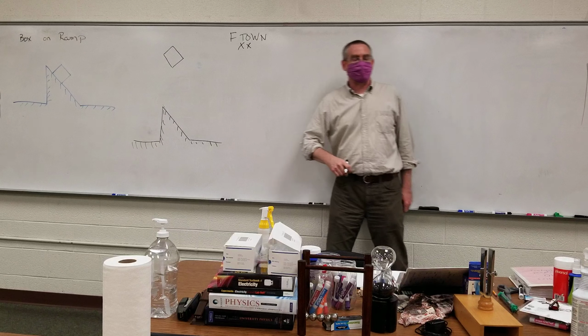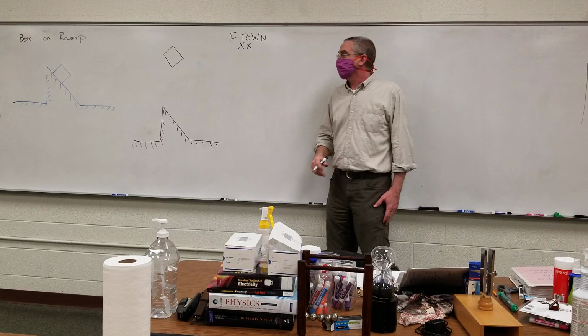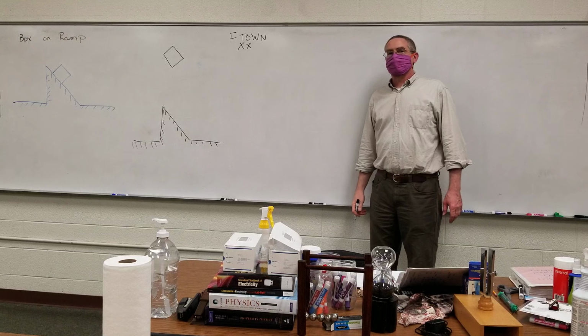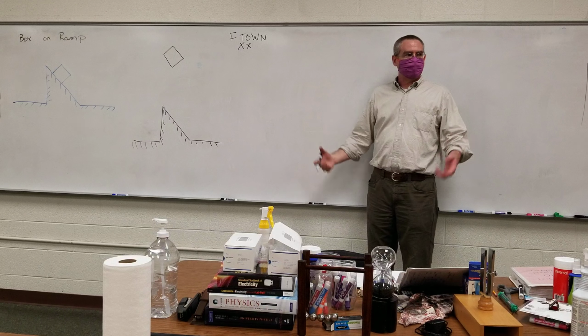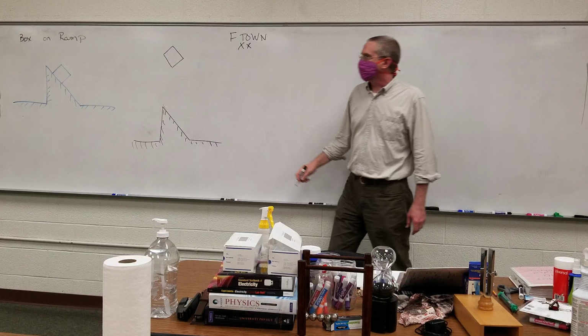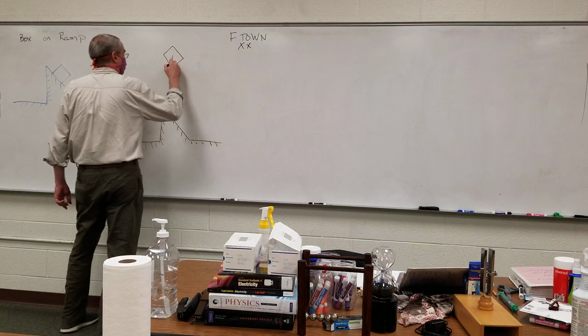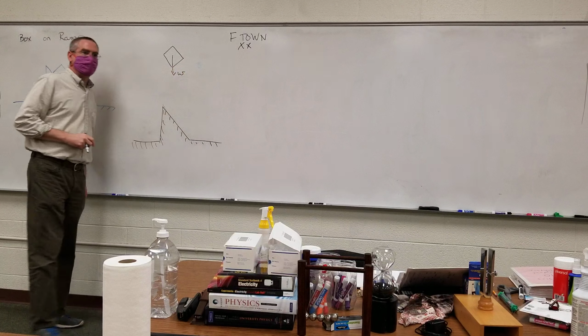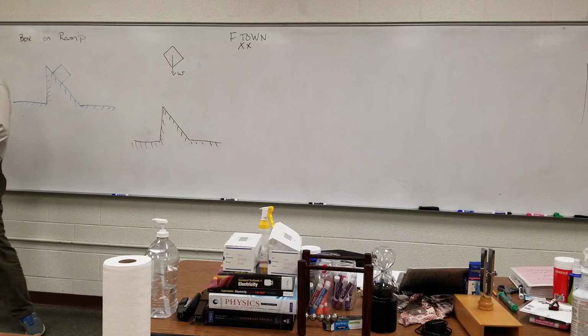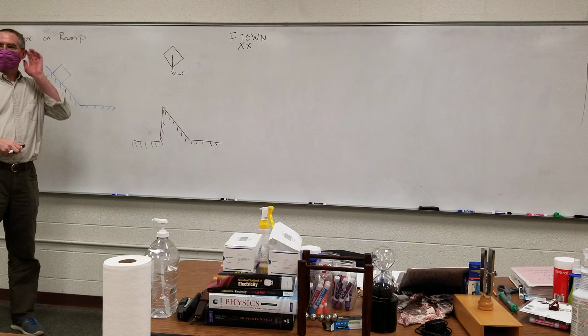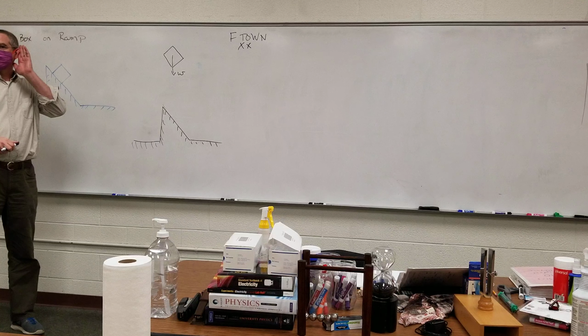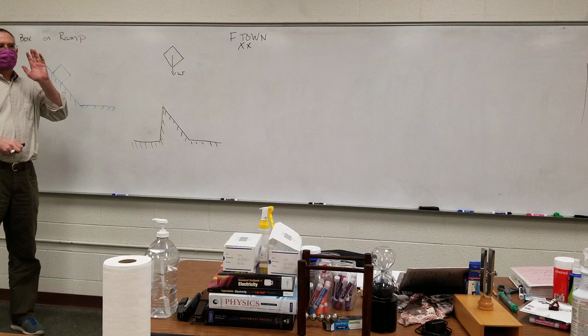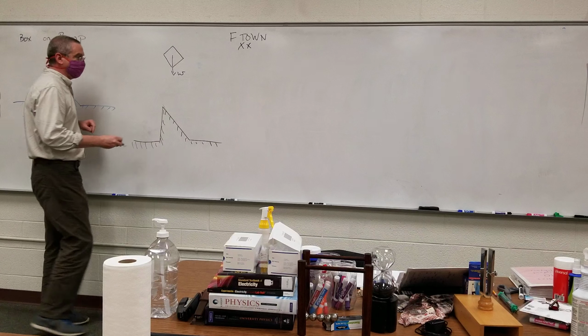So I still find weight to be the simplest, so let's just start out with weight. Which way on the box? Going down. Through the ramp? All right, box going down. And the ramp going up? I'll go with the spirit of what you're saying.